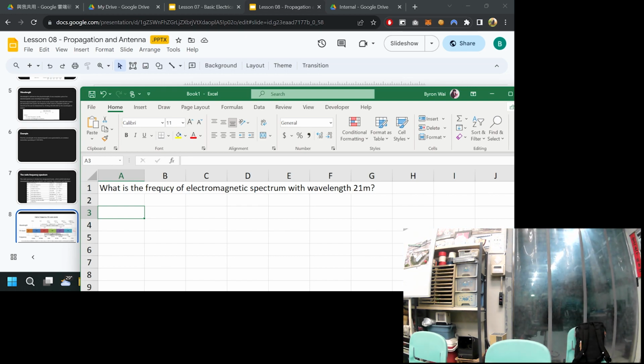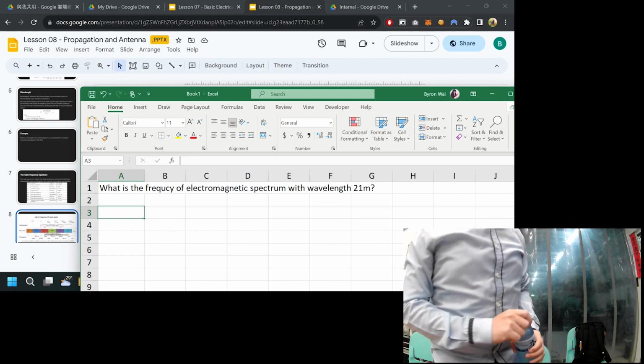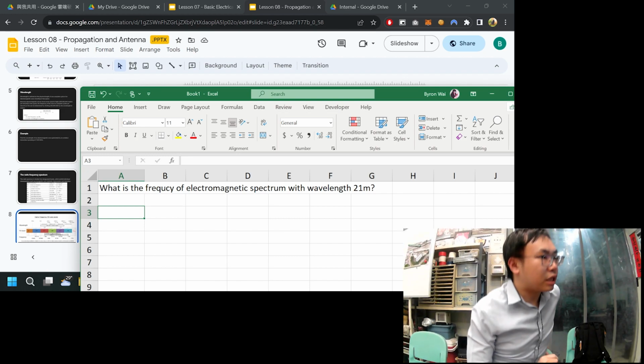I didn't prepare the answer for this question. But the 21 meter band is quite a characteristic band, because this wavelength is usually used for HF, distance communication, high frequency.